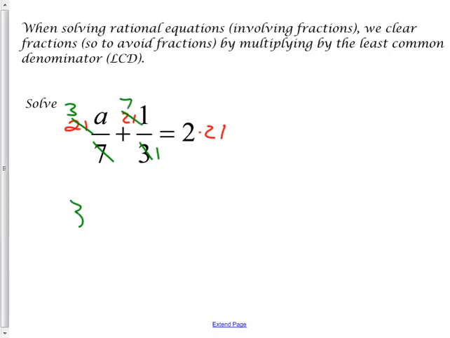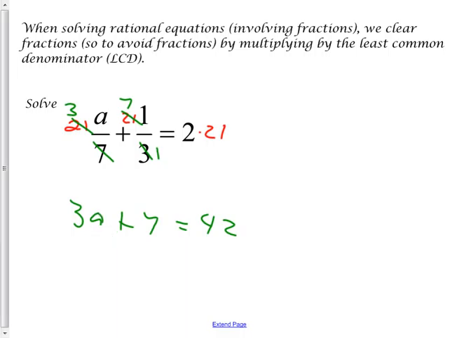So it ends up being 3a plus 7 times 1, which is 7, equals 21 times 2 is 42. Doesn't that green equation look a lot easier? Like something you would have solved in 7th grade? It's really easy now. Subtract 7 from both sides, divide by 3, you'd have the answer. Do you get what I'm saying?